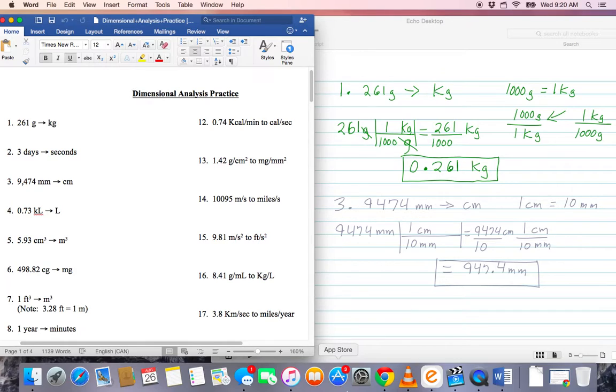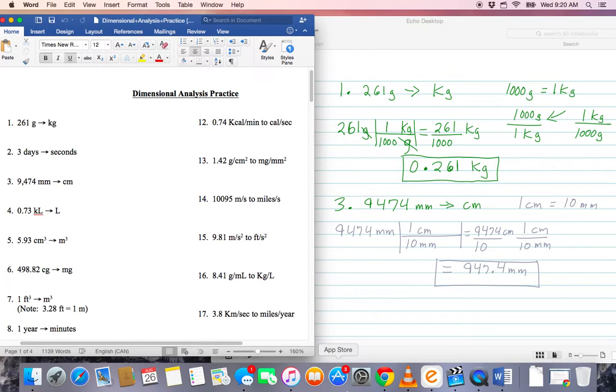Let's try another. Number 3. We have 9,474 millimeters, and we want to go to centimeters. Okay, now we need to know our conversion factor.